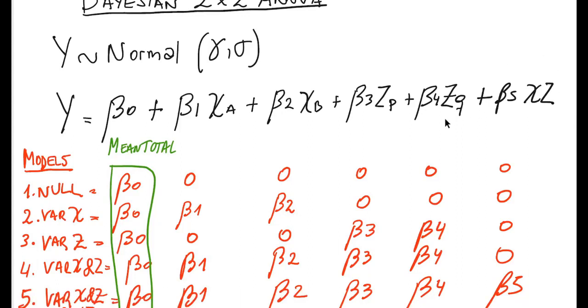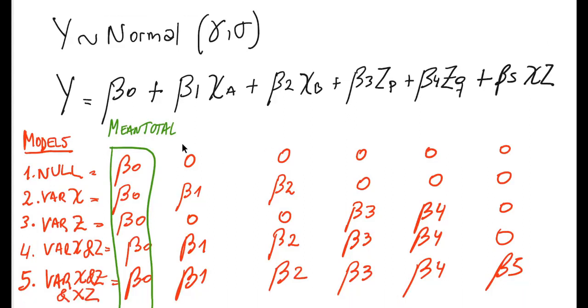So, for the model, we now have 5 models. We did a model comparison approach in which we used 2 models before, but now we have 5 models. What are those 5 models? As always, we need to have a model of the null hypothesis.